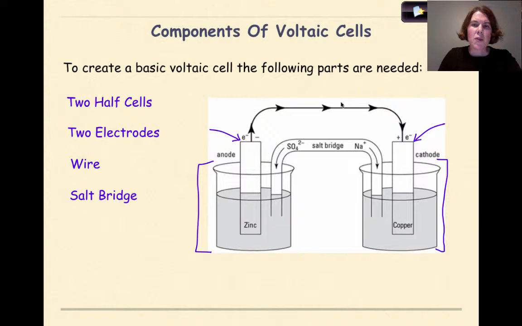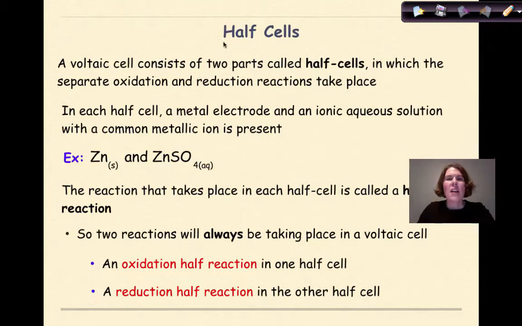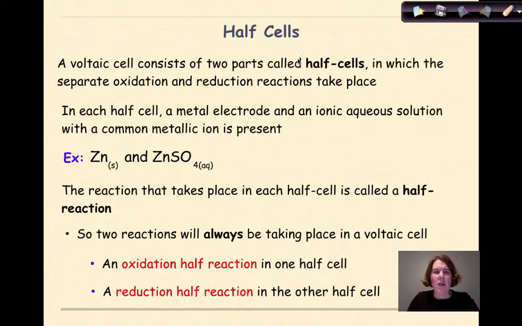A wire, which is going to be represented right here, and a salt bridge, which is going to connect the 2 beakers, aka half cells, together. You could also have a voltmeter attached to your wire up here, and that would help monitor how much electricity in volts that's produced.